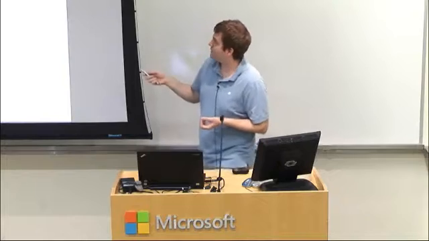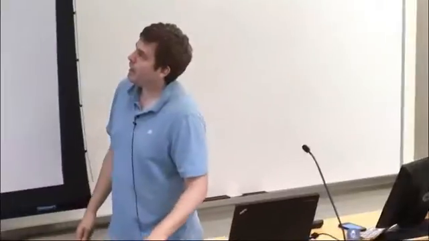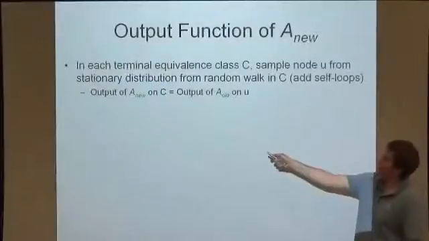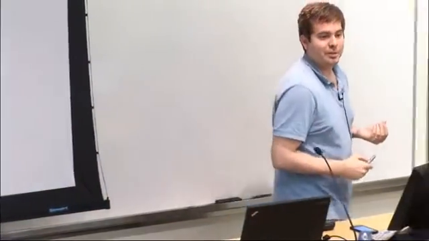We're going to add self-loops with some positive probability to each of the nodes, so the stationary distribution exists. These self-loops correspond to empty streams. And the output of the new automaton on this terminal equivalence class C is going to be the output of the old automaton on this vertex U that you sampled this way.